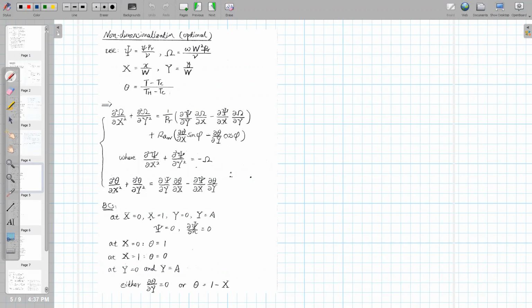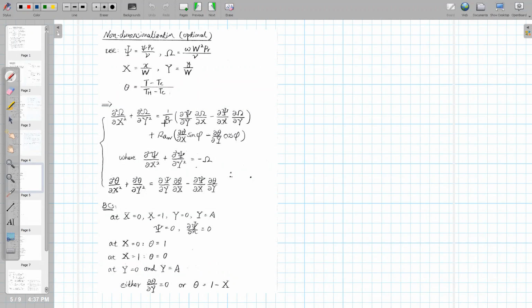After this non-dimensionalization, this will be the final non-dimensionalized form. This is the momentum equation, and this is the energy equation. You will see some dimensionless parameters.